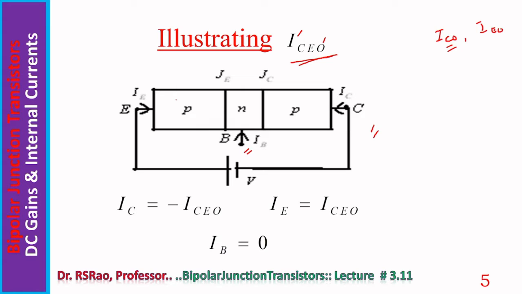Here is shown a PNP transistor. The collector junction is reverse biased. The reverse bias voltage is connected between emitter and collector. With this type of bias, one can see the emitter junction is under forward bias, but the collector junction is under reverse bias. A certain amount of current flows, that is ICE naught. In this case, IC equal to minus ICE naught, IE equal to ICE naught.